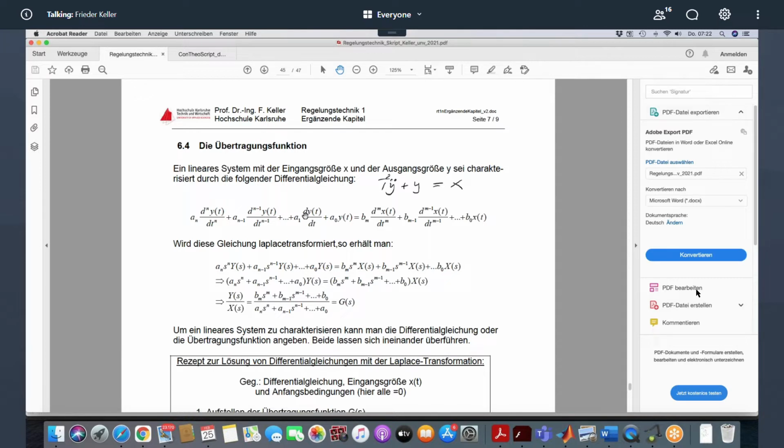It may also include the second derivative with respect to time, or the third, or may go up to the nth derivative with respect to time. And on the right side, there is the same structure. On the right side, there may not only appear an x, there may also appear derivatives with respect to time of that x, and so on. So the structure on the right side may be like that.